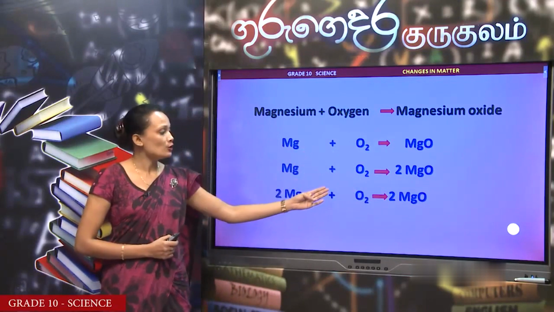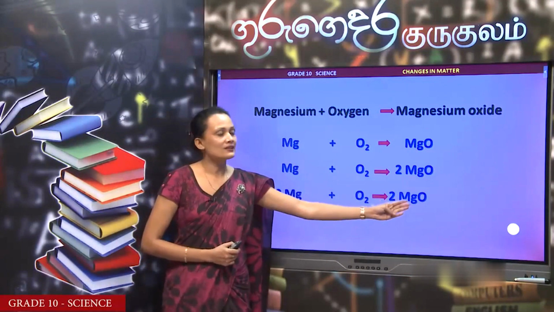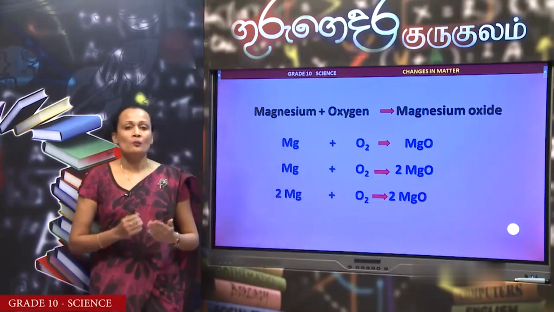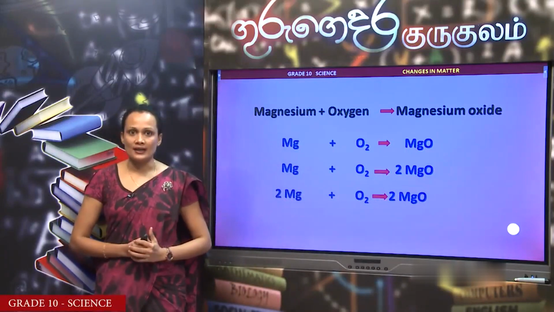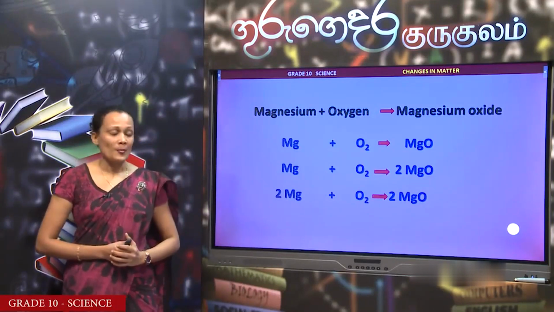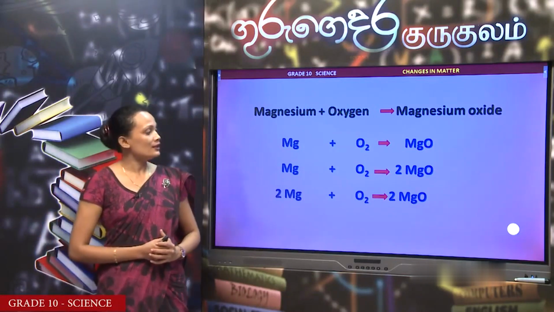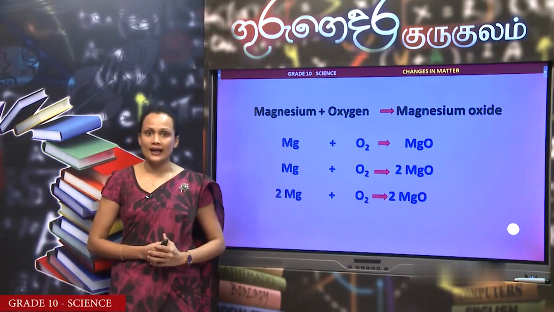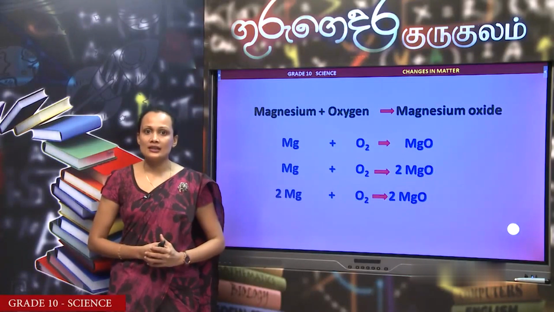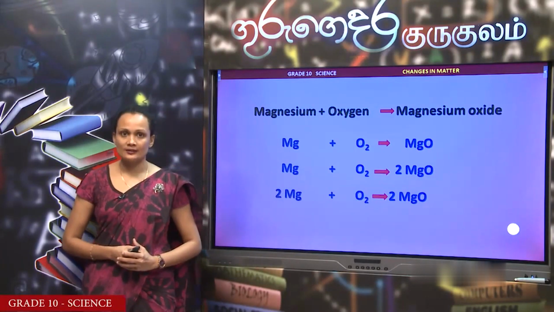In the reactants, 2 oxygen atoms and in the products, 2 oxygen atoms. Now, both the reactants and the products are equal. So, that's why we can take 2 magnesium plus oxygen into 2 magnesium oxide as the balanced chemical equation for the reaction between magnesium and oxygen.